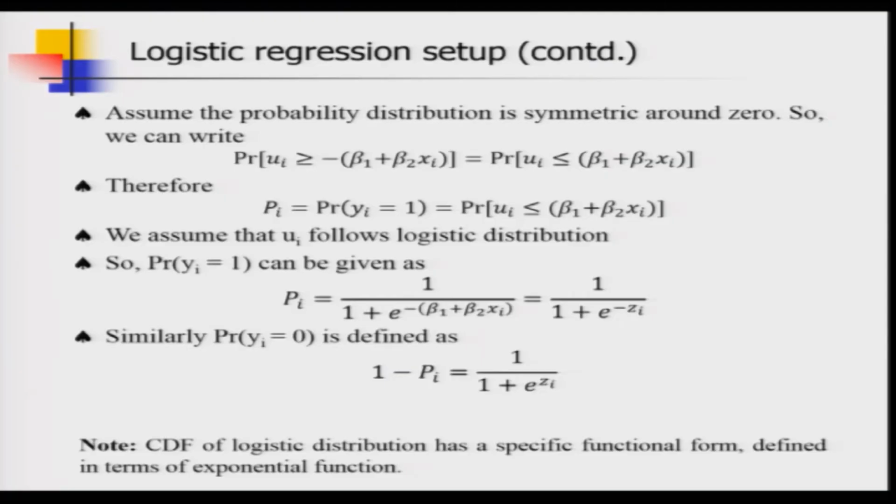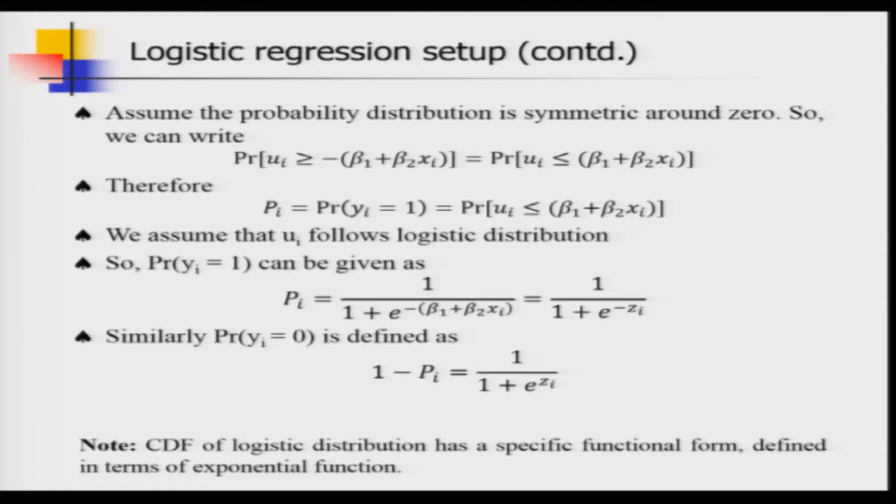If yi equal to 1 indicates success, then yi equals 0 will indicate failure, and that can be computed very easily as we have this number for pi from the logistic distribution. So, 1 minus pi will give me the probability of the negative outcome, or probability that yi will take 0 value.